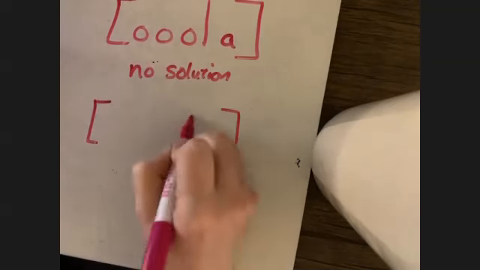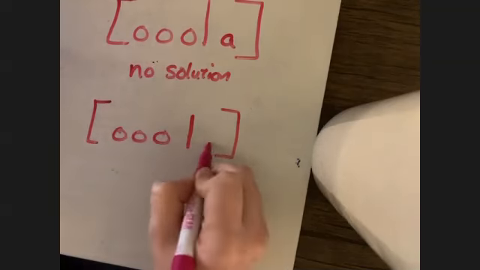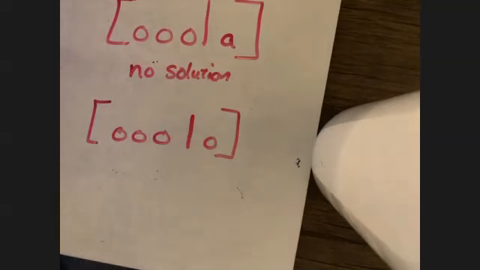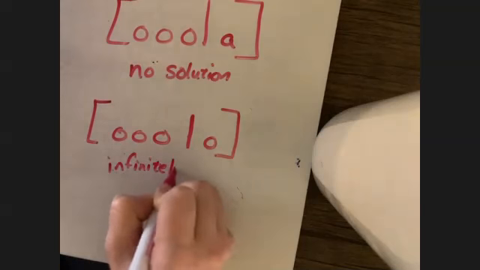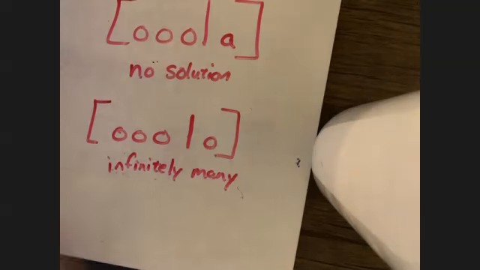Now, if you get zeros all the way across, this is your infinitely many. Okay, so it looks very, very similar to how it looked when we did the elimination stuff.